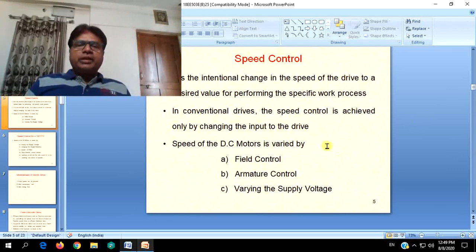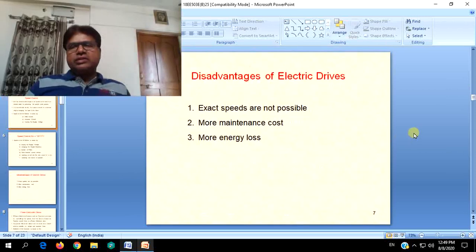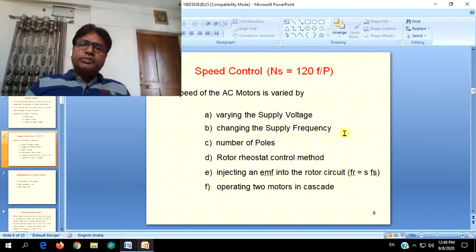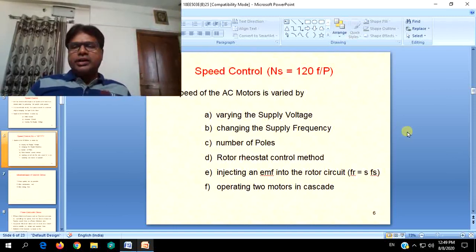And when we compare the speed control procedures of conventional drives and these electrical drives, whether DC motor driven or AC motor driven, these speed control procedures are more efficient. You can have better speed control, over a longer range, and you can also achieve the exact required speeds and frequencies.